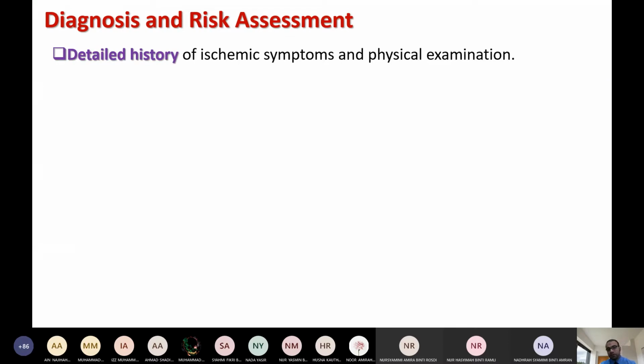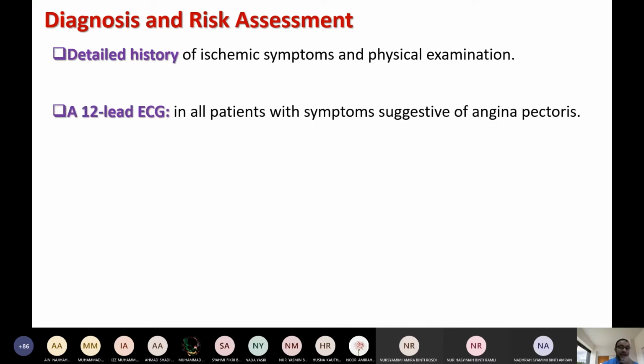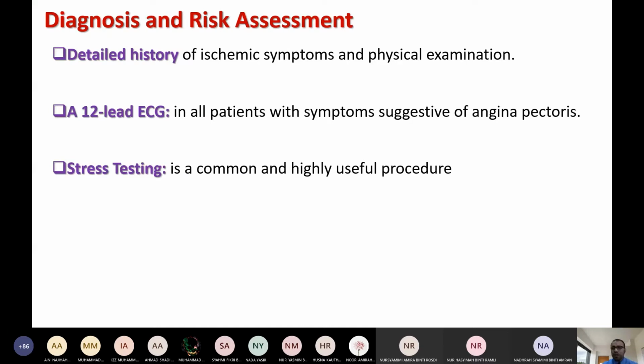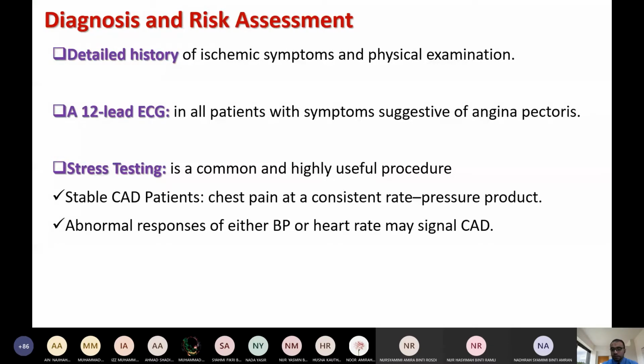In the diagnosis of ischemic heart disease in general, you need to know the detailed history. As we mentioned, there are certain provoking factors, so the detailed history is very important. The ECG will be of high importance to be done. And of course, stress testing is also very significant, because the stable coronary artery disease patient used to have this chest pain at a consistent rate pressure, meaning at a certain level, in a consistent pattern, this pain will happen.